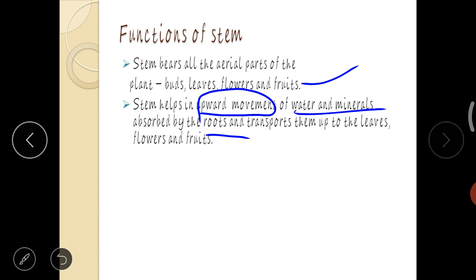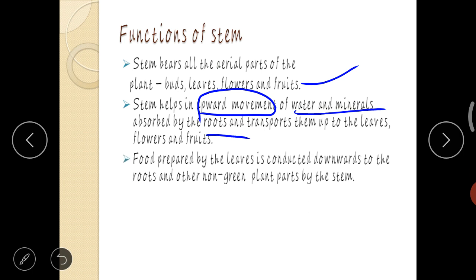The third function is that it also transports the food prepared by the leaves to the non-green parts and also the root by downward movement.